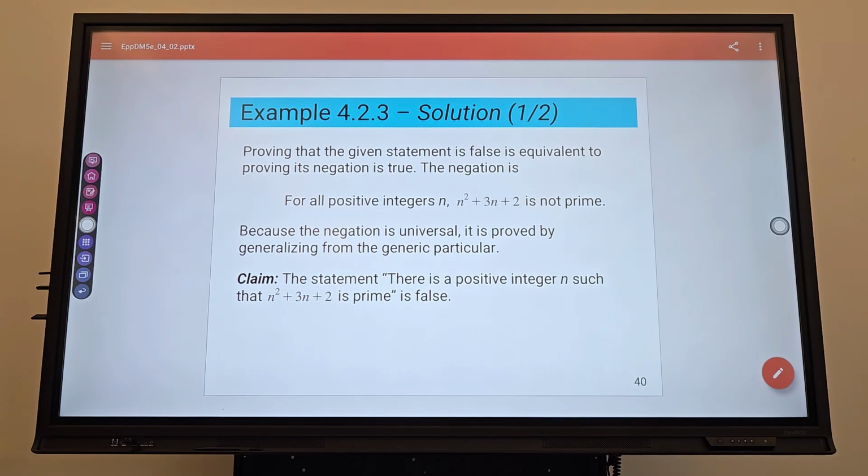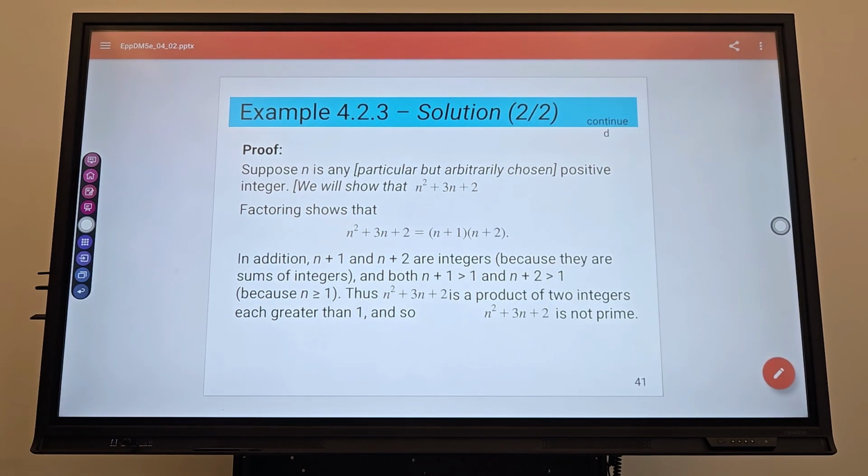Claim: there is a positive integer n such that n squared plus 3n plus 2 is prime, is false. Proof: suppose that n is any particular positive integer.